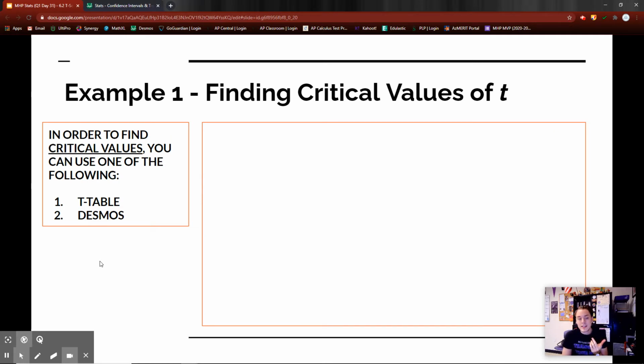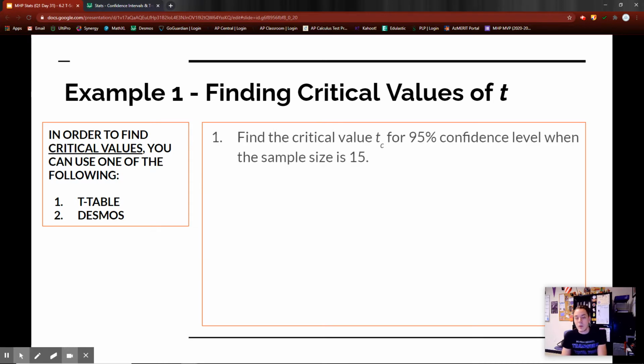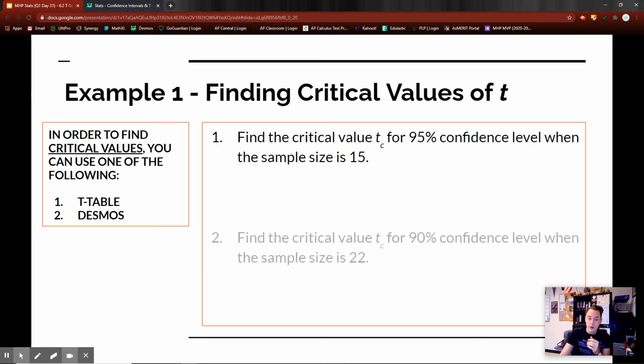So let's erase. There are two ways, technically, to find your critical values. We're not going to use the t-table just because of online learning, but you can use Desmos. It's going to ask you to find the critical value, t sub c, for a 95% confidence level when the sample size is 15.